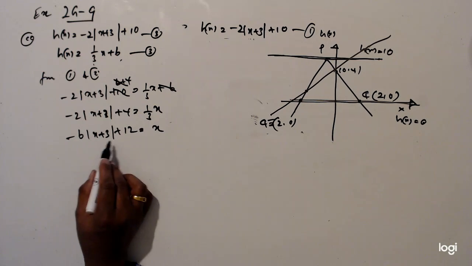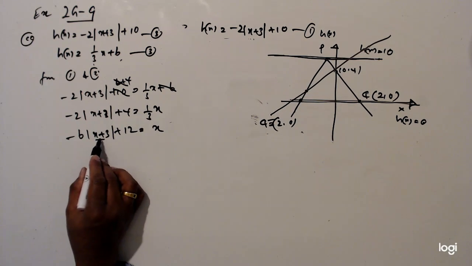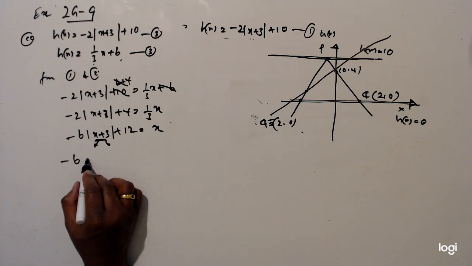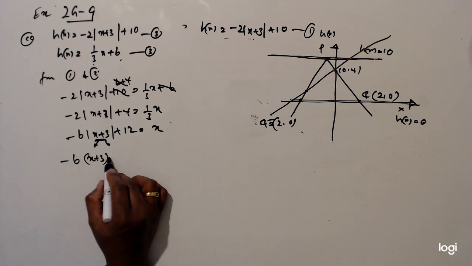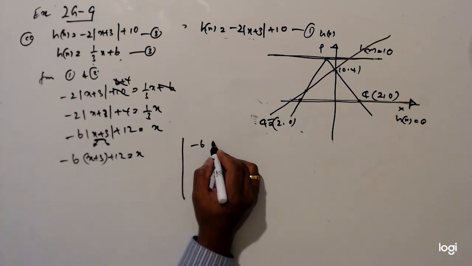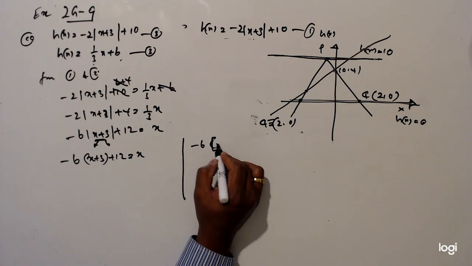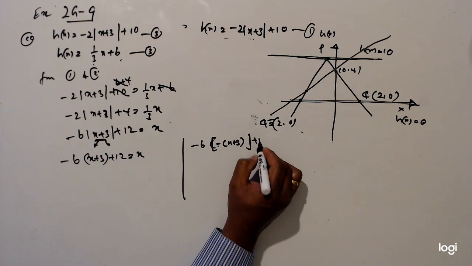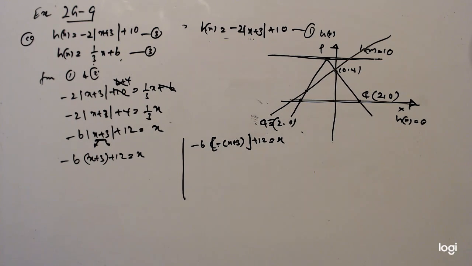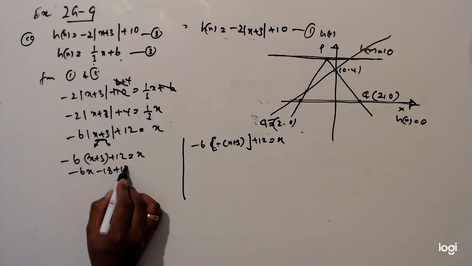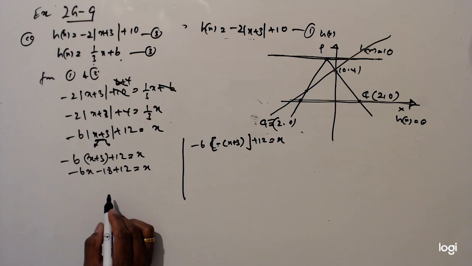Now we have to consider two options. One is positive, another one is negative here. So minus 6 (x plus 3) plus 12 equals x. The other one is minus 6 times the negative value of (x plus 3) plus 12 equals x. So minus 6x minus 18 plus 12 equals x.